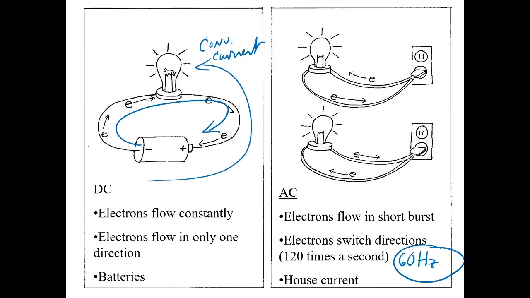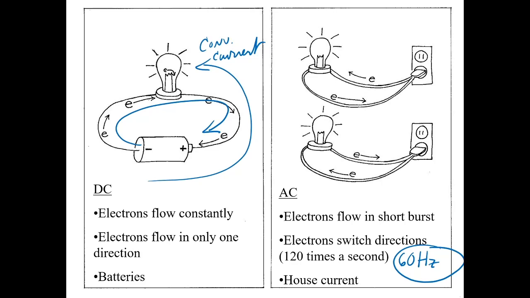And that's house current. You might say, well, why doesn't house current use DC? It turns out that AC current is much, much better. There's a lot less loss of energy when we ship it over power lines. So think how big the United States is. We have to get a lot of electricity to a lot of homes, some very, very far away. With AC, you have less power loss doing that.